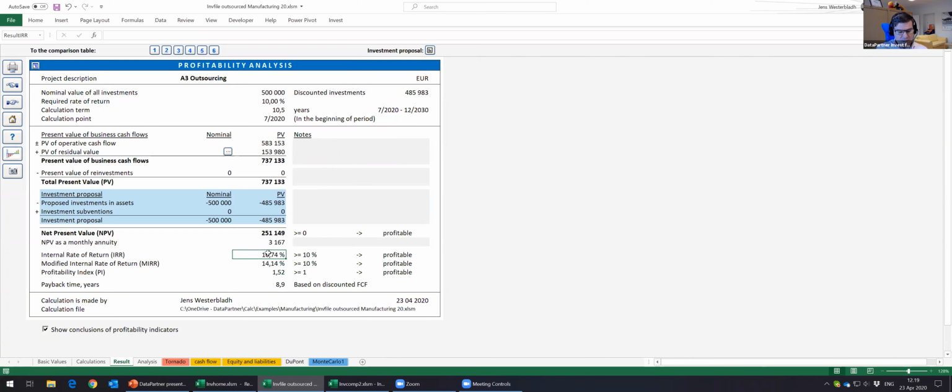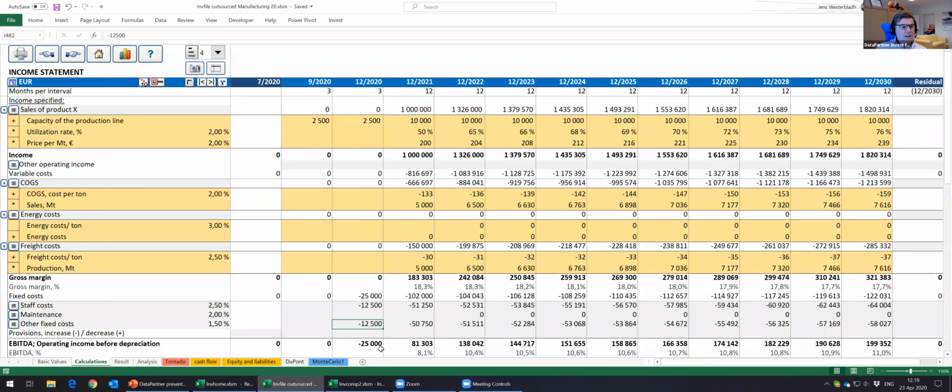In outsourcing case, I will save it. And now I will look at the income statement. So 133 euros for ready-made product per ton equals if we make it ourselves. So if we can buy it externally at the lower costs, then it's a better alternative than producing ourselves.